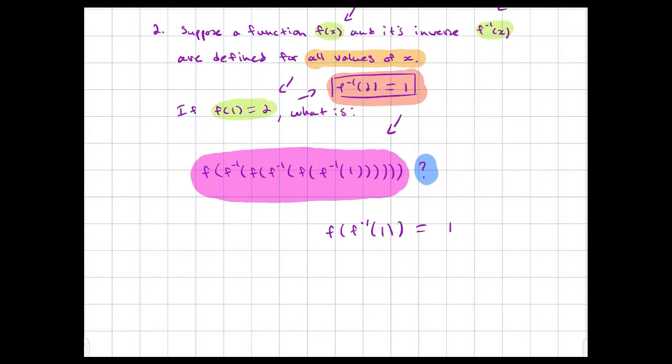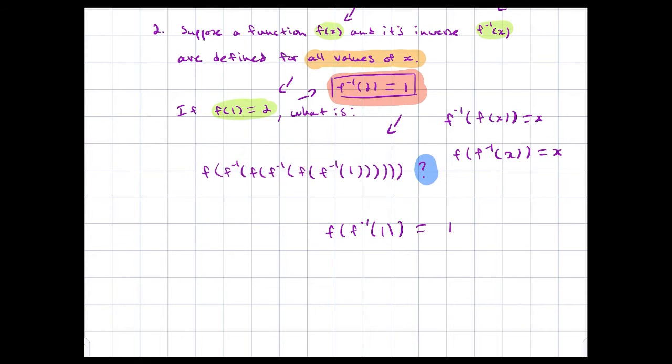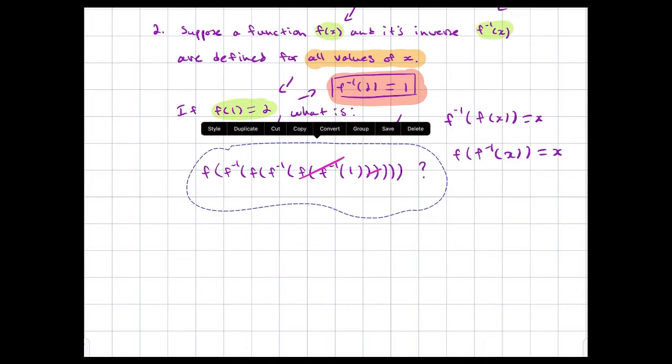It's 1, right? Functions and their inverses undo one another. F inverse of f of x is x, and f of f inverse of x is x. I can actually go through and just cancel these f's and f inverses in pairs.